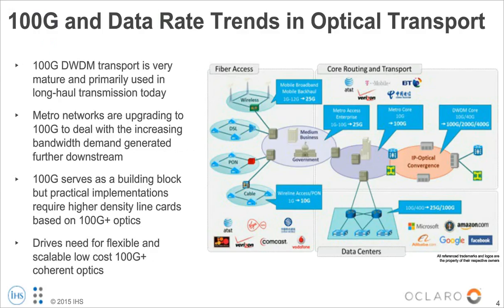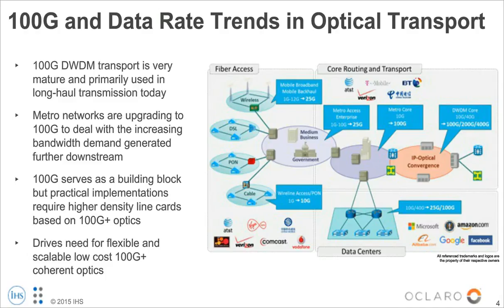So first, I'd like to ask Robert, how do you view 100 gig and what's going on in optical transport in the different parts of the network? Yeah, thanks. The diagram on the right is basically my view of the fiber optic world. I've grouped it in three areas: fiber access, data centers, and core routing and transport. I'm also showing trends that we're seeing.